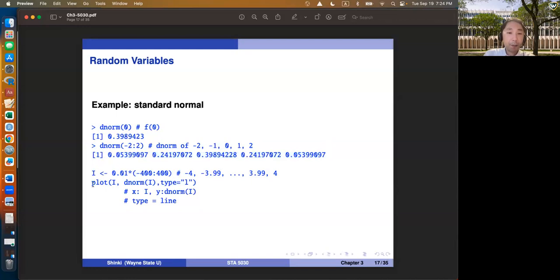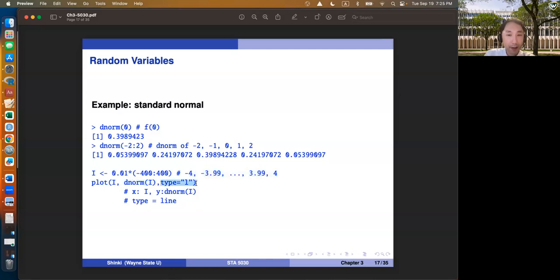And if we want to make a line graph of this density function, you can put it like this. This is a sequence from -4.00 to +4.00. We put it in the plot function, where the x coordinate is these numbers, and the y coordinate is the dnorm of these numbers.